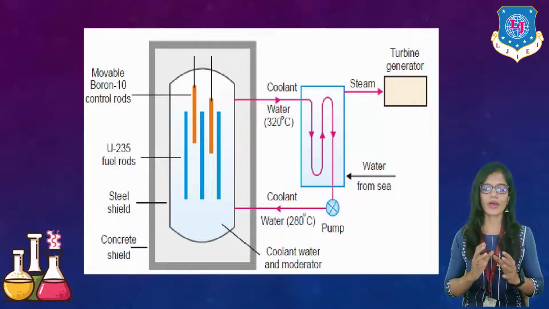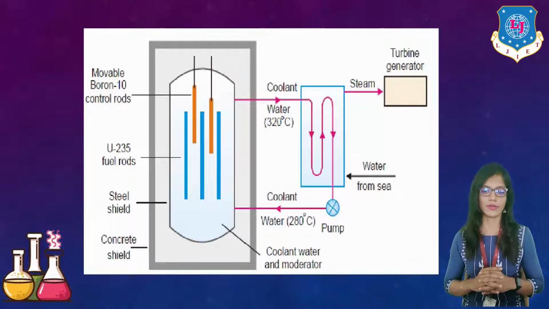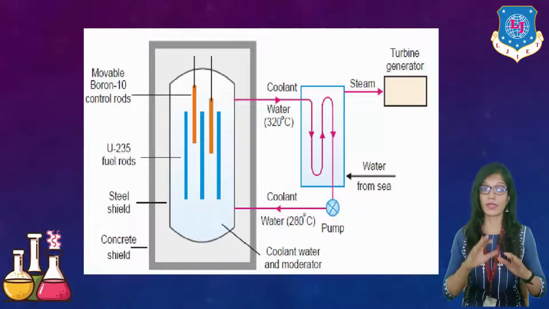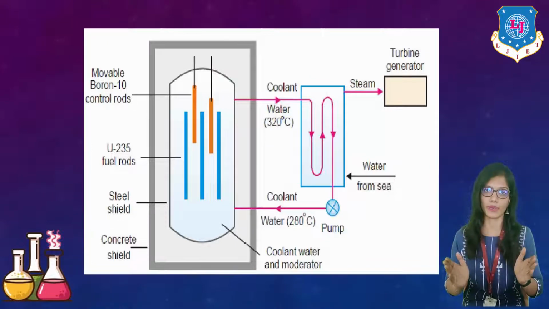They both are placed in the coolant water moderator. So the uranium-235 fuel rods and movable boron-10 control rods are dipped in the moderator, in the coolant. The reaction occurs in this steel shield compartment, and that steel shield compartment is again protected by a concrete shield compartment.